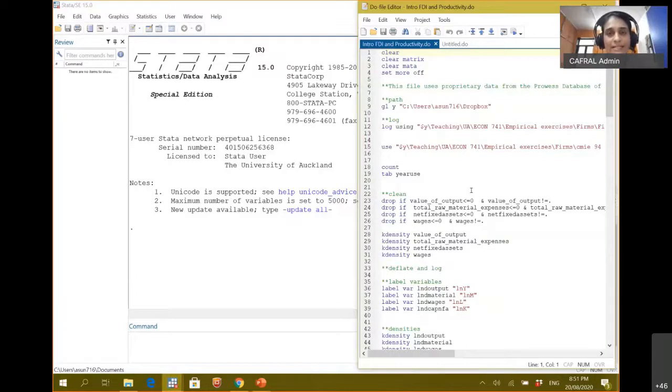Why does it conflate markups? Because firms may be charging a markup over their variable input costs. So you have the wage, you have the cost of materials. If firms are applying a markup, then that is also going to be included in this productivity estimation. For example, it may not be the case that one firm is more productive than the other.